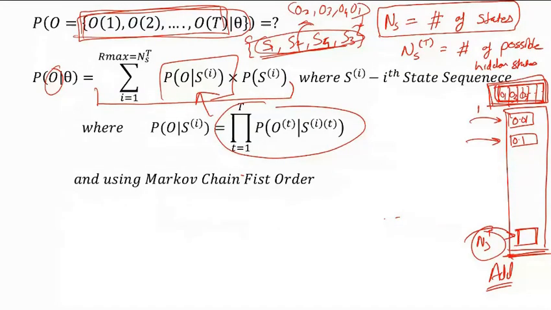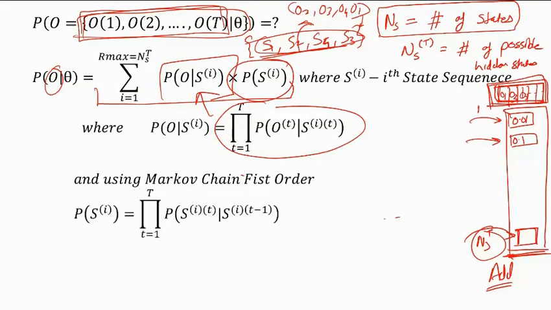Now we will use the first-order Markov chain property to find the second quantity. That is nothing but the transition probability. The probability of obtaining Si is equal to the product, from small t equal to 1 to capital T, of the probability of transition from the previous state to the next state.